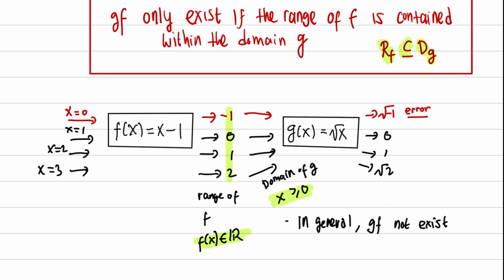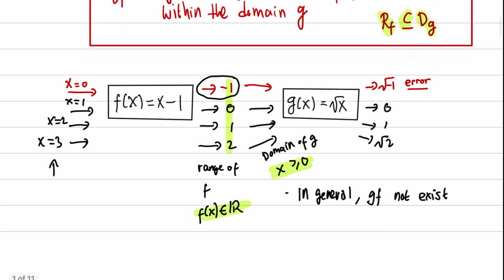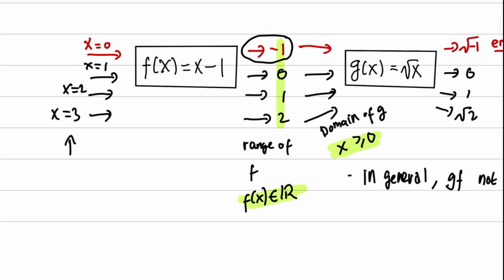But how to make it exist? You have to limit the domain of f. You have to limit your first input, because we know that we cannot have a negative value as our input, which means that we need to limit our range.